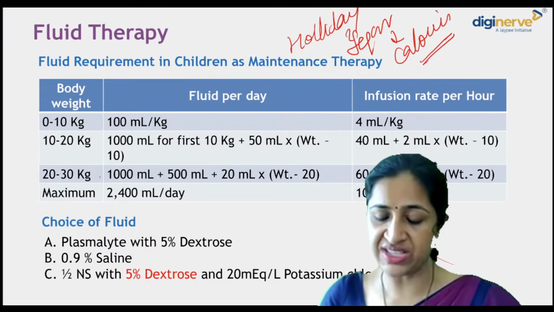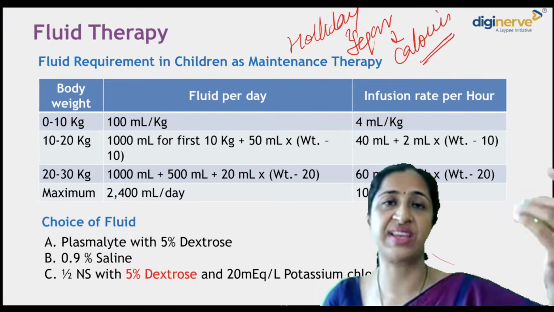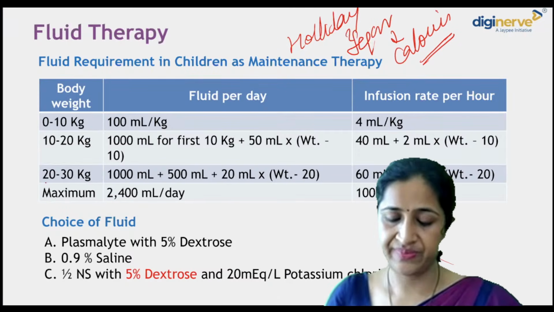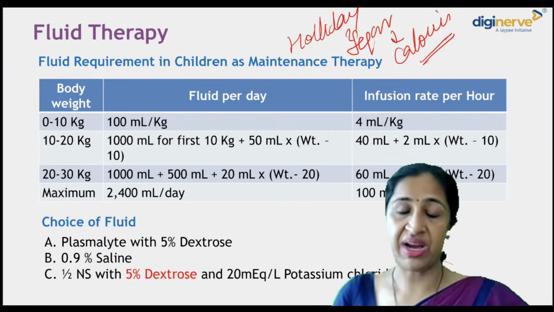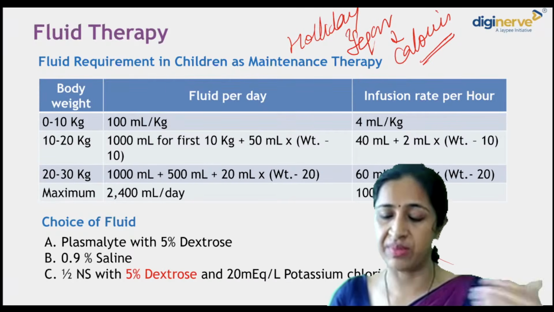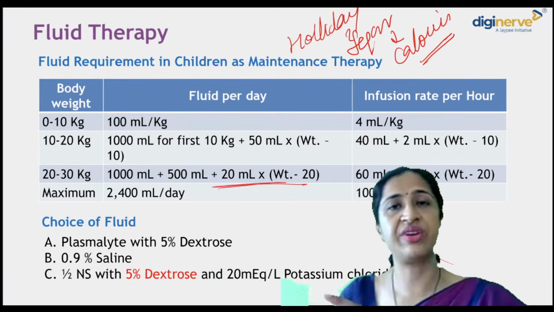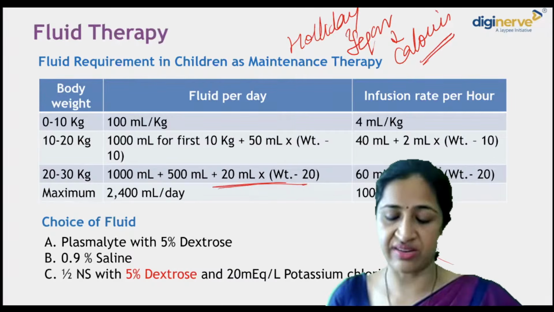For 10 to 20 kgs, it is 1000 ml for the first 10 kg and 50 ml per kg for the next. So by 20 kg, the child should get 1500 ml. For 20 to 30 kg, for the first 20 kg it is 1500 ml plus 20 ml for every kg above that. So if it is 25 kg, it is 20 into 5, so 1600 ml.